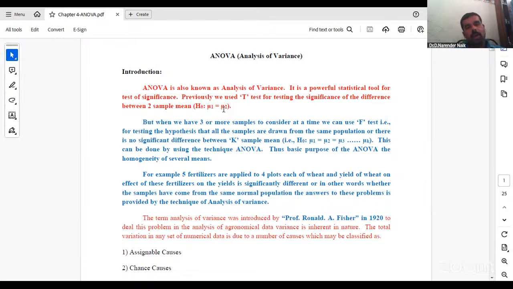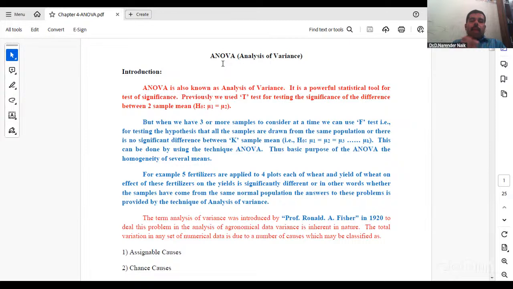So you see the ANOVA. ANOVA is also known as analysis of variance, and it is a powerful statistical tool for tests of significance. Test of significance means we are going to see the importance of the test with the help of this ANOVA tool. Previously we used a t-test for testing the significance of difference between two sample means, that is H naught: mu1 equals mu2.